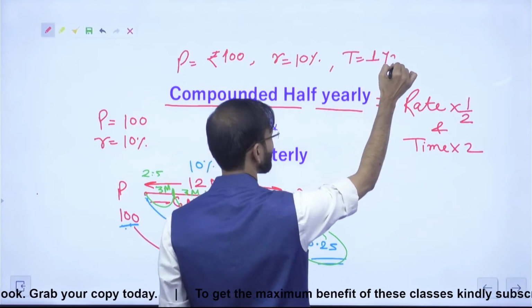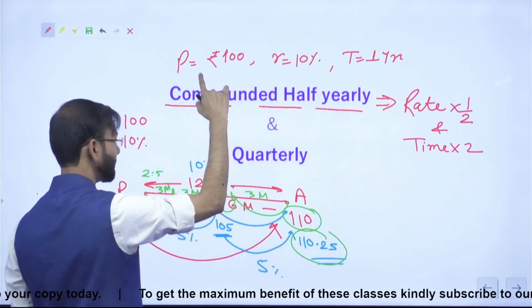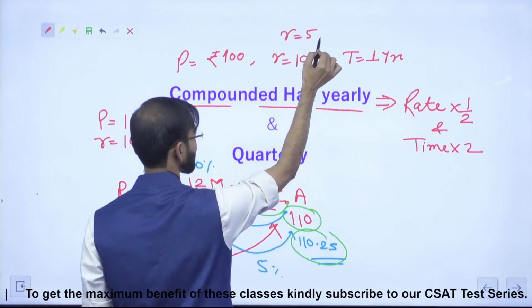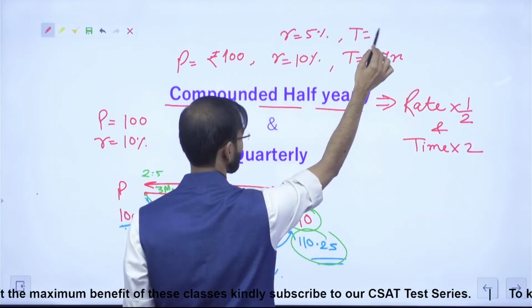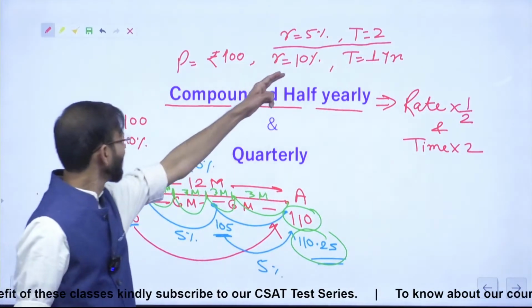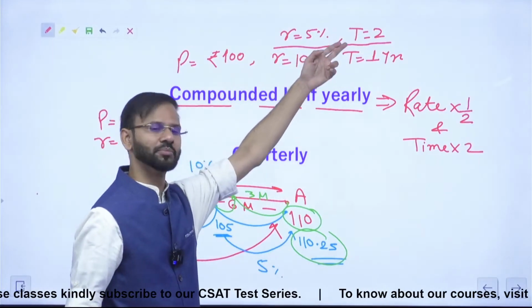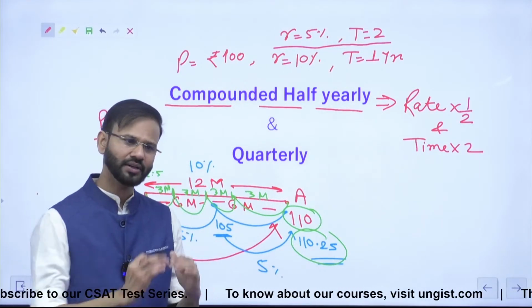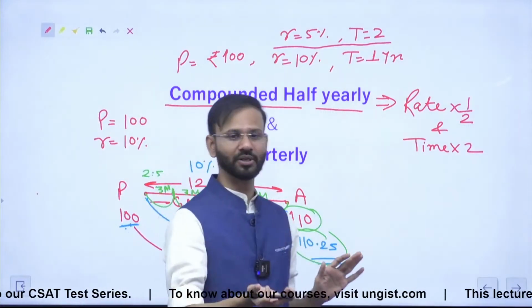So this question will be treated as a rate of interest of 5% for 2 tenures. Getting it, everyone? So rate becomes half and time gets double. In case of compounding half yearly, rate becomes half and time gets double.